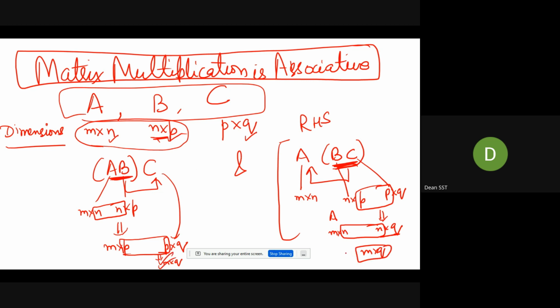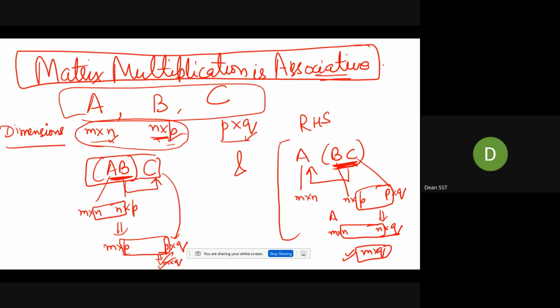Matrix multiplication is associative in the case of 3 matrices with dimensions mn, np, and pq. So (AB)C is equal to A(BC). Is it clear?